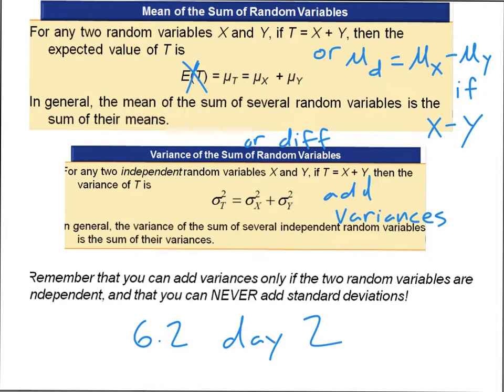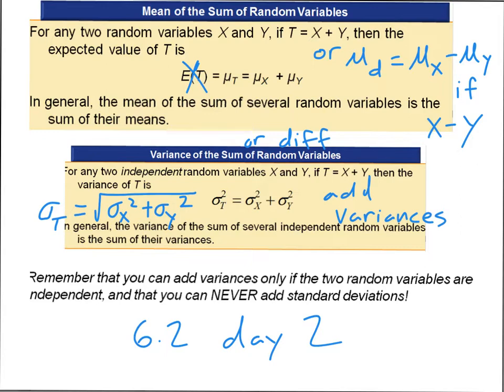Now, a formula that's not on your packet, so this would apply to t or d, whether it's a total or a difference. You may want to think about it this way. If you have sigma sub x squared plus sigma sub y squared, throw it underneath a big square root and you have your new standard deviation.